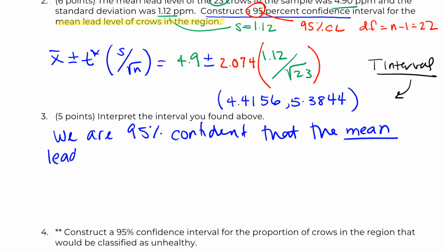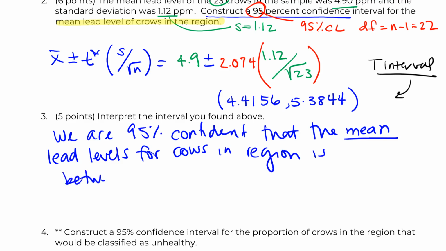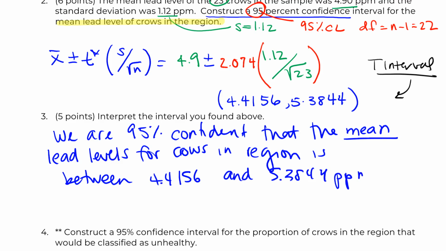What the context is, this is lead levels for crows in the region. And then we'll say is between 4.4156 and 5.3844 parts per million. Got our units on there because we're talking about means.